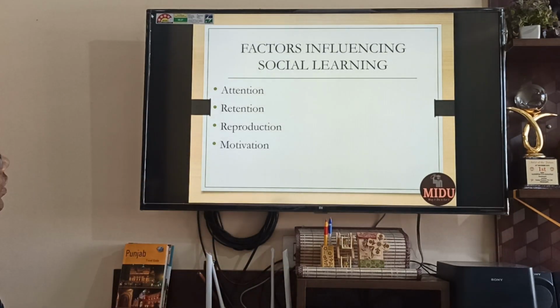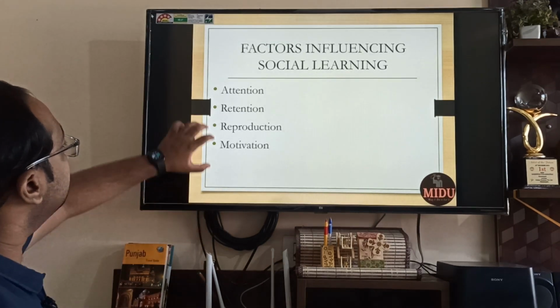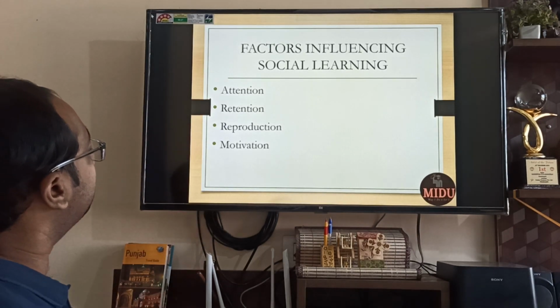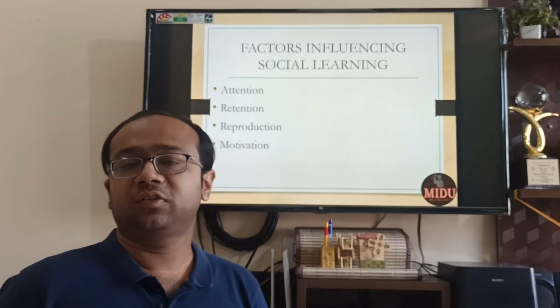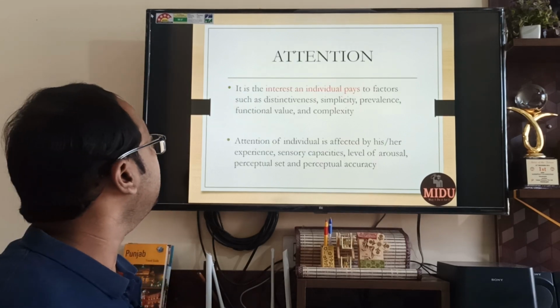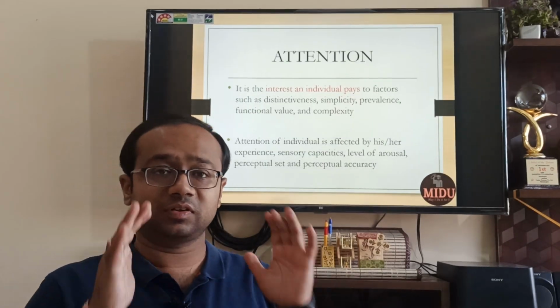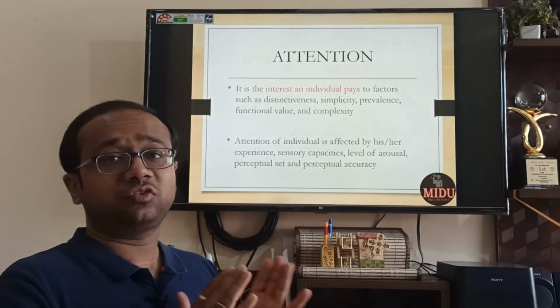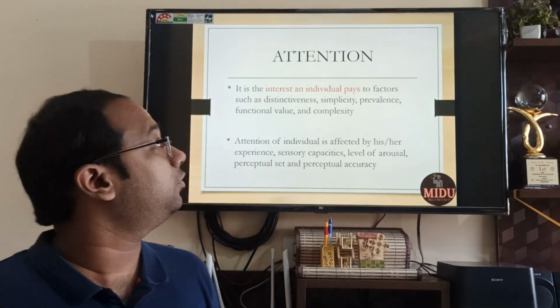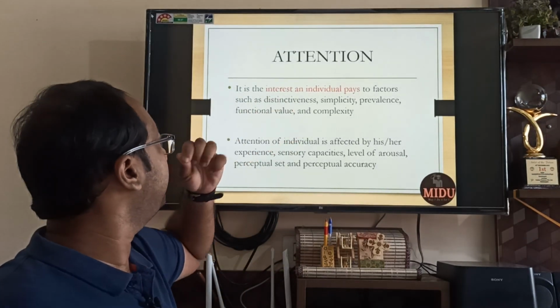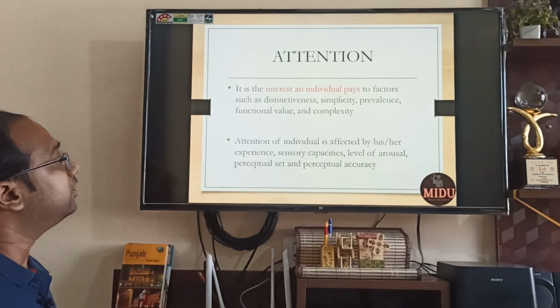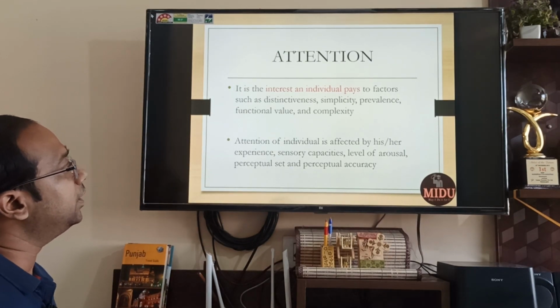Factors affecting social learning. My dear friends, there are 4 factors which are attention, retention, reproduction and motivation. Let us discuss these 4 factors one by one. First factor is attention. As the name suggests, attention means what interest the individual is paying. It is the interest an individual pays to factors like distinctiveness, simplicity, prevalence, functional value and complexity.